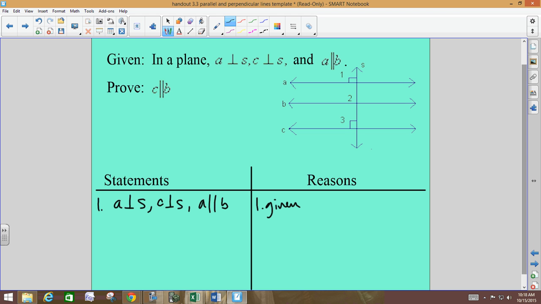A perpendicular to S means where they intersect, they make a right angle. Got it. C perpendicular to S, where they intersect, it creates a right angle. And lastly, A is parallel to B. I want to try and prove that B is parallel to C. You have a bunch of ways. You have 7 ways. They're up there.